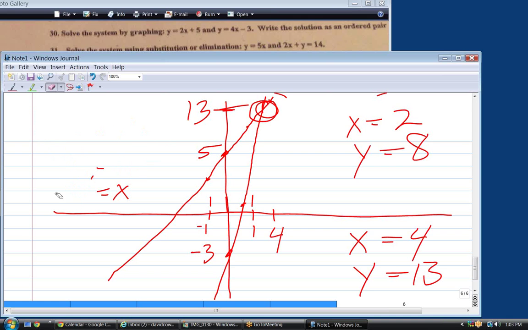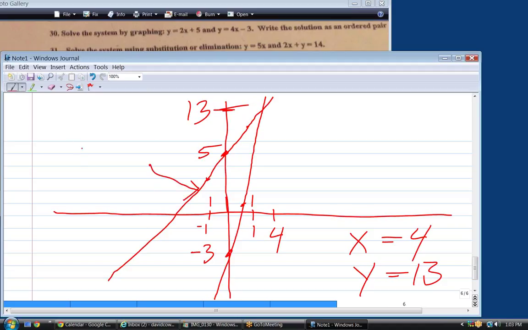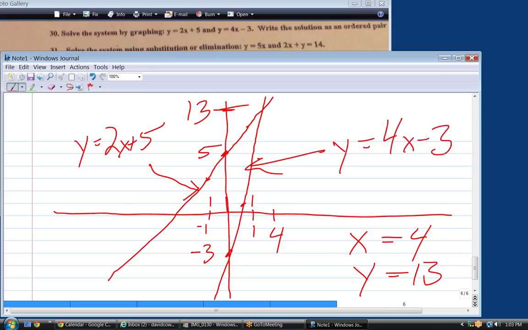Well, really, what he needs to do, if he was taking a test, is plot the first line, graph it, and label it. That is Y equals 2X plus 5. Okay? All right. Graph the second line and label it. That is Y equals 4X minus 3.